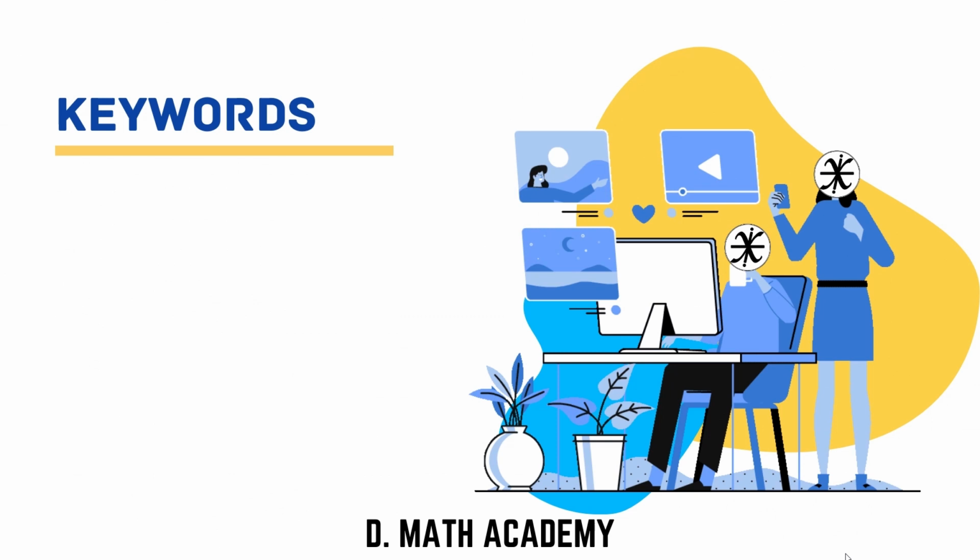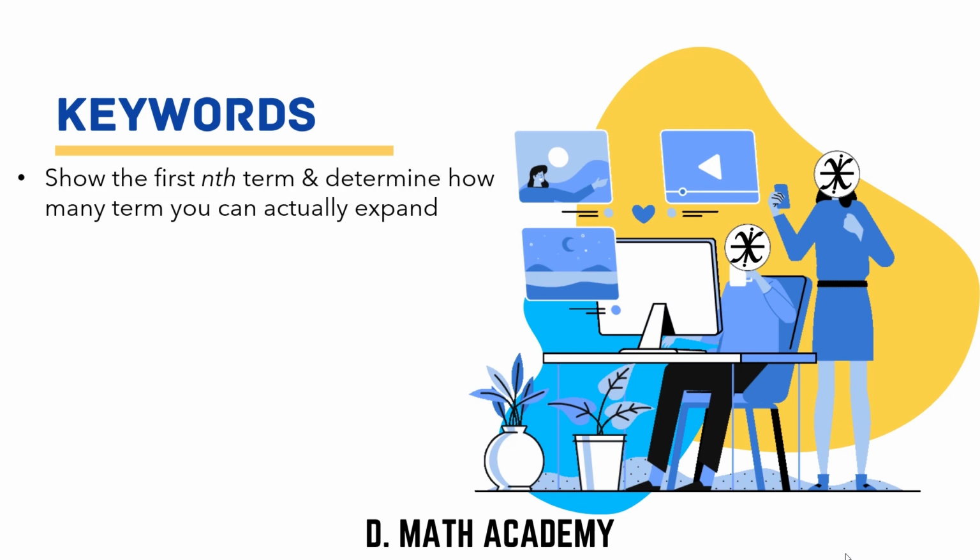A couple of things to take note of: in binomial theorem questions, they always ask you to find the first n terms and simplify every term down. The other thing is you need to know how many terms you can actually expand into. So do not blindly follow the formula; you need to make your own justification.